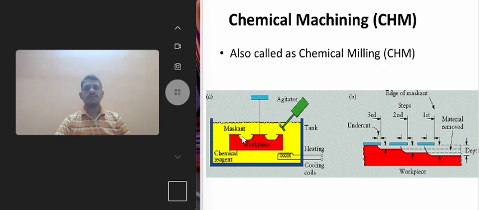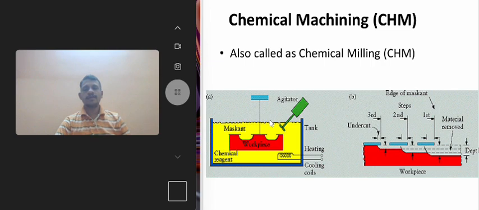After cleaning, the workpiece is dried and coated with masking material. The workpiece is then immersed in a chemical reagent as shown in the figure. So chemical reaction takes place and metal is removed from the workpiece.